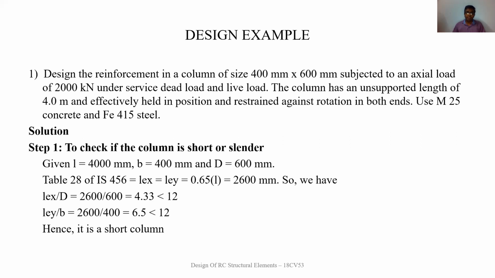Hence, the given data is the unsupported length of the column, which is 4000 millimeter, the width of the column as 400 mm, and the depth of the column as 600 mm.